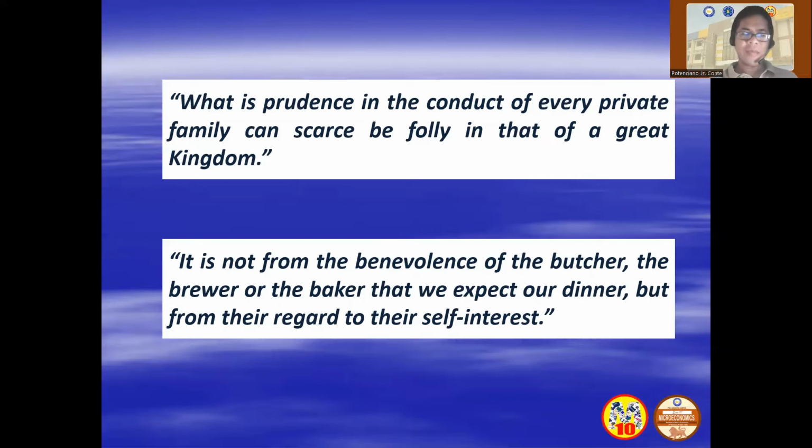And for a Catholic, we believe in the existence of heaven and hell. So somehow, we are taught in the church that if you are doing good things, you will be earning points, right? And a place in heaven will be reserved for you, something like that. So we're always regarding our self-interest. We have that personal agenda within us, so we are giving the best performance that we could.